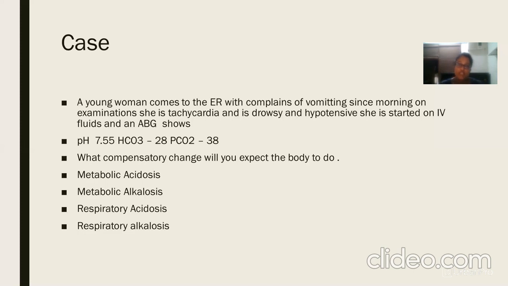Now the next line asks, what compensatory change will you expect the body to do? She is in metabolic alkalosis, so what shift is the body going to make to ensure the alkalosis is neutralized? Because it's alkalosis and you want the pH to return to normal, you're going to increase the acid in the body, so you're going to see an acidotic shift.